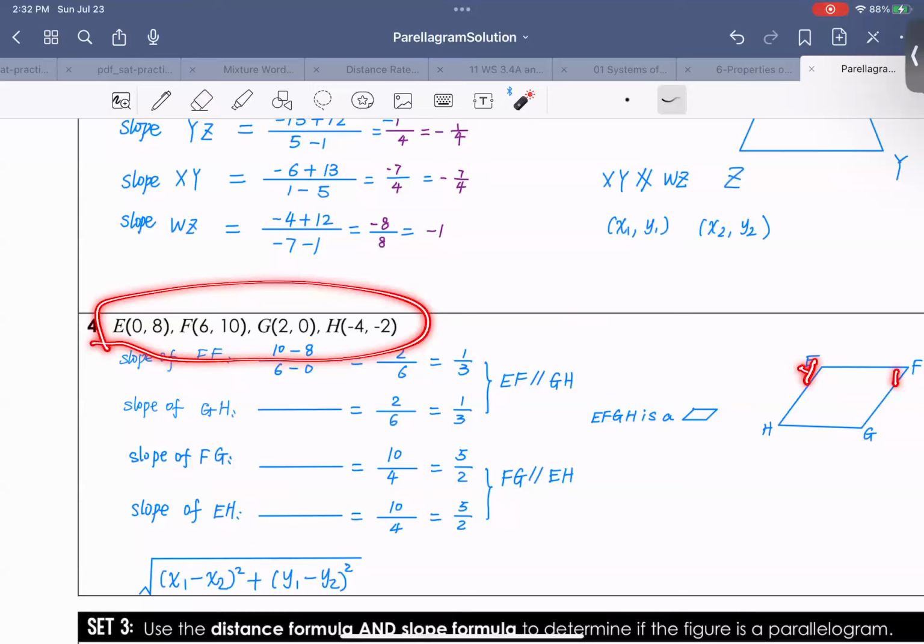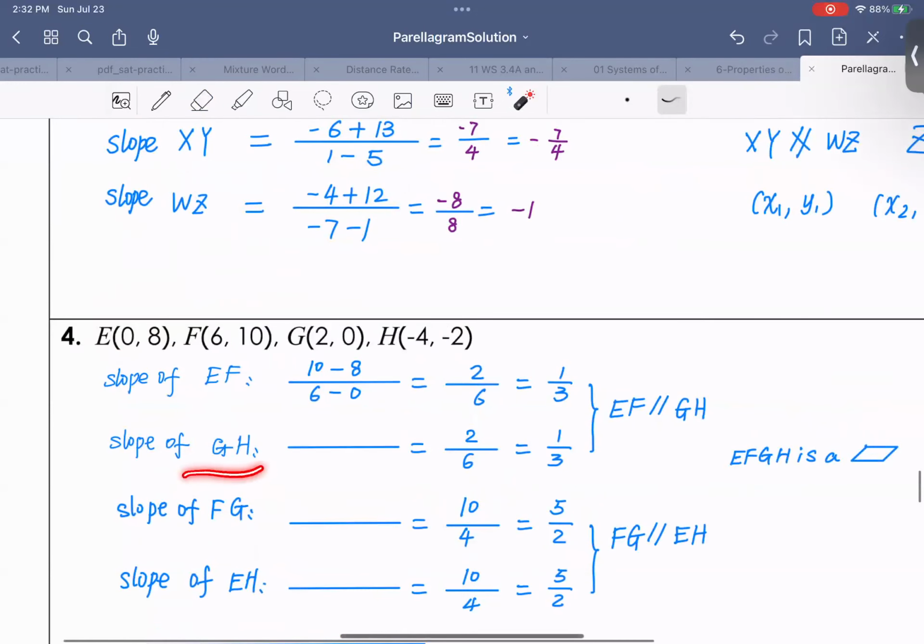Draw your E, F, G, H according to this order. So the first slope you want to do is EF. And then you want to do GH. Let's get the GH, please. GH slope is 0 minus -2 divided by 2 plus 4, is also 2/6, okay?